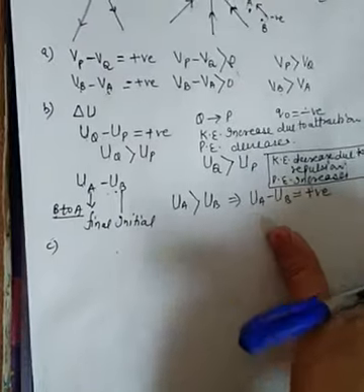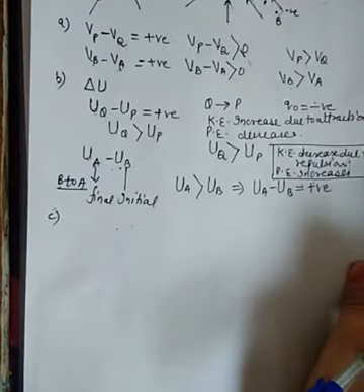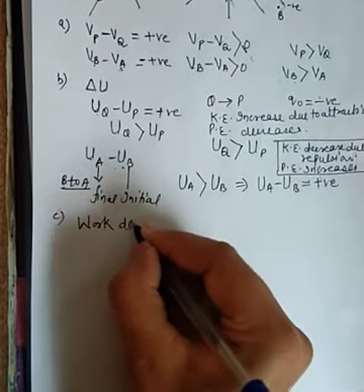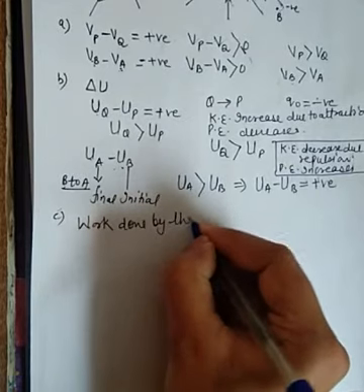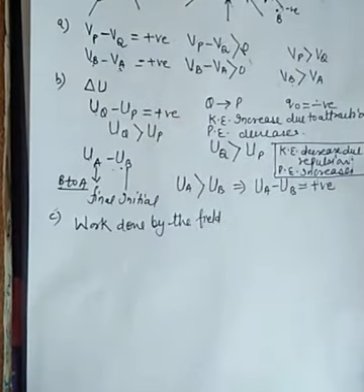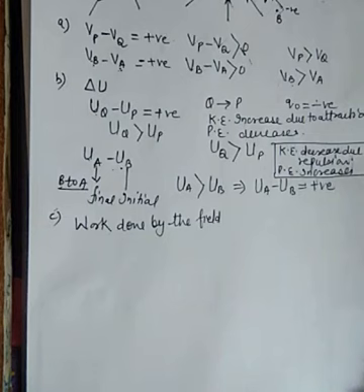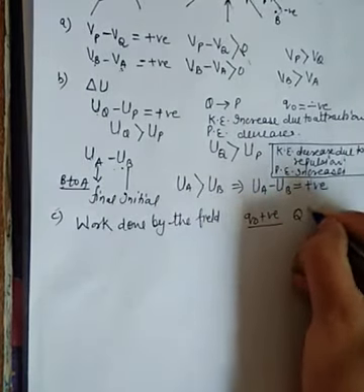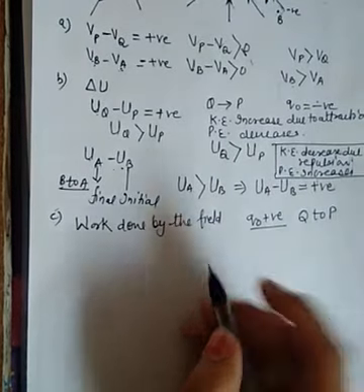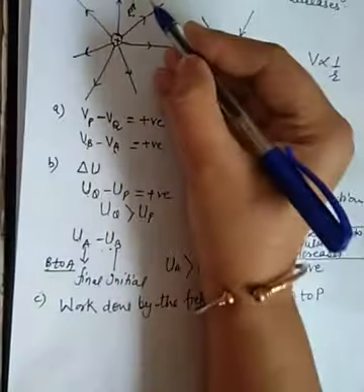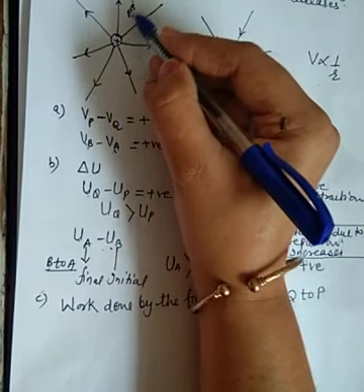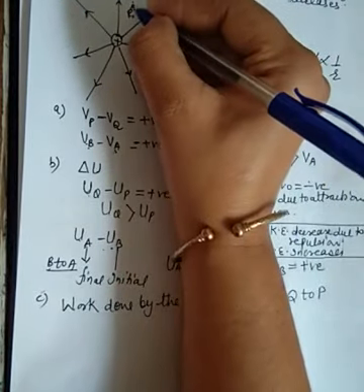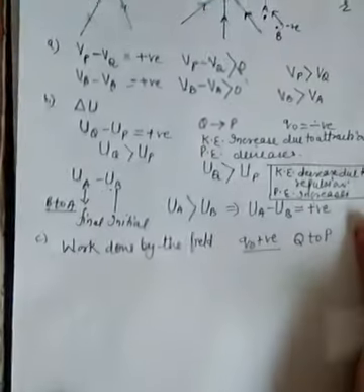In part C, give the sign of the work done by the field. You have to pay attention: work done by the field, it means by the electrostatic field, the electric field, moving a small positive charge from Q to P. When we are moving a small positive charge from Q to P, there will be repulsion.